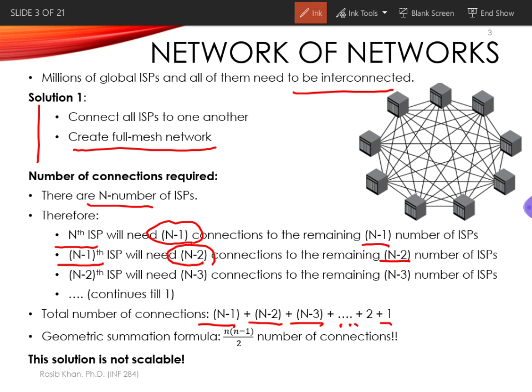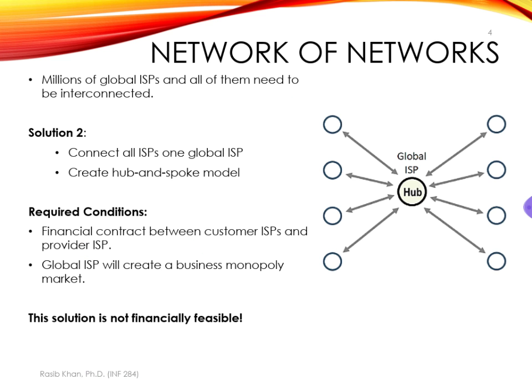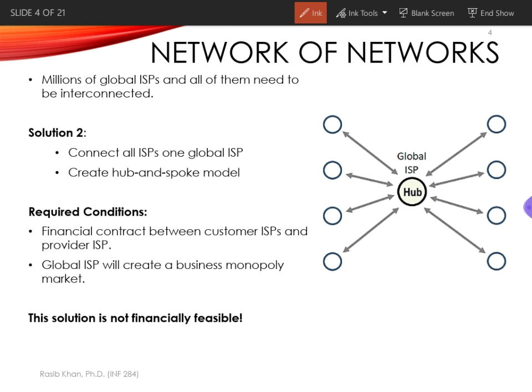And this is an arithmetic summation formula, which equals n multiplied by n minus 1 divided by 2 connections to create this large scale internet which is fully connected. And definitely, as you can see, this is not a scalable solution. So let's see what we can do in a better approach.